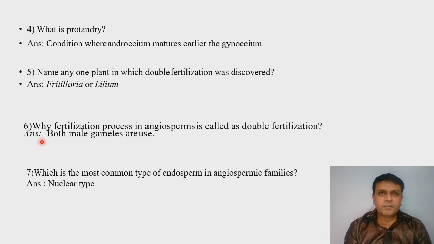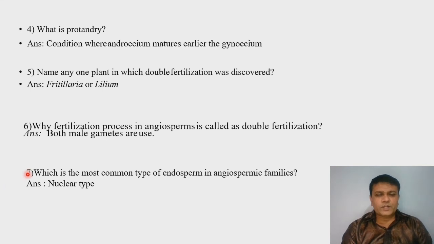That is, first male gamete fuses with haploid egg or female gamete to produce diploid zygote, and the second male gamete fuses with diploid secondary nucleus to form a triploid cell called as primary endosperm nucleus. So hence in double fertilization both the male gametes are used. Hence it is called as double fertilization.